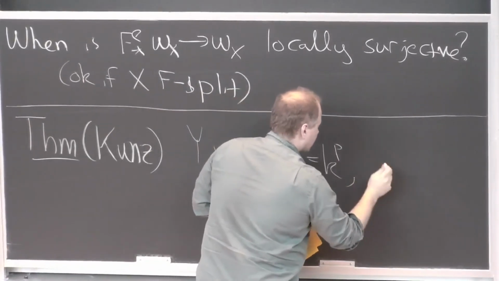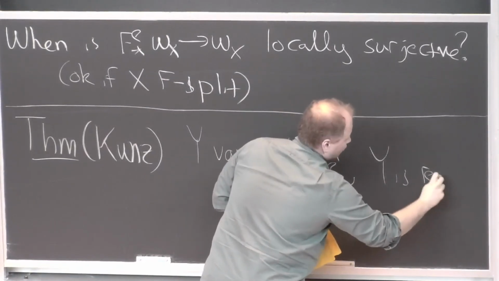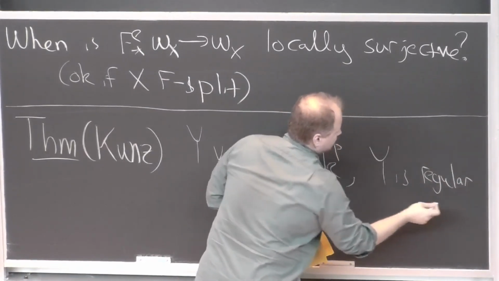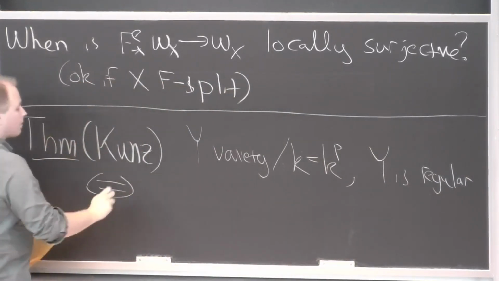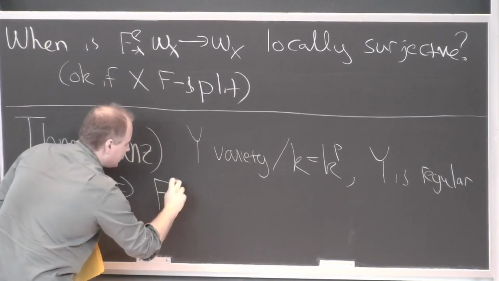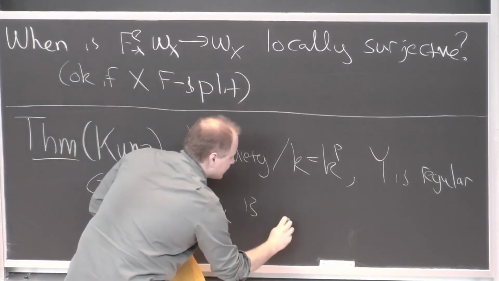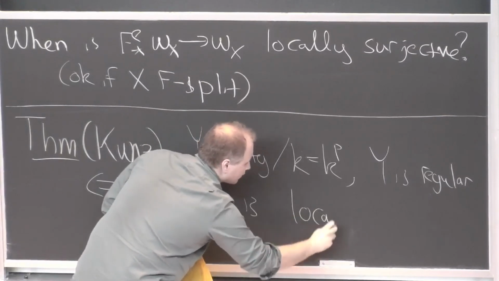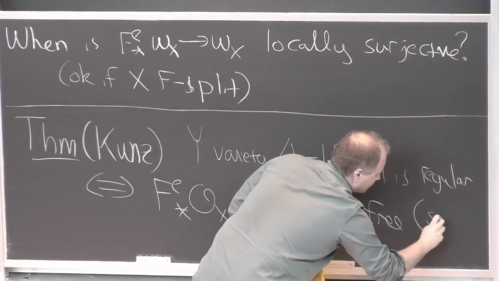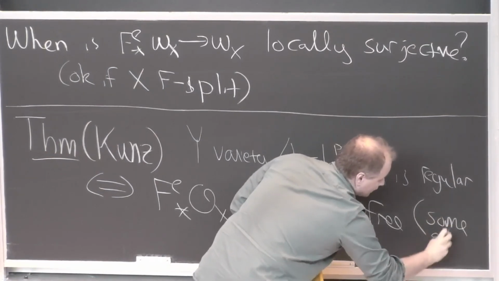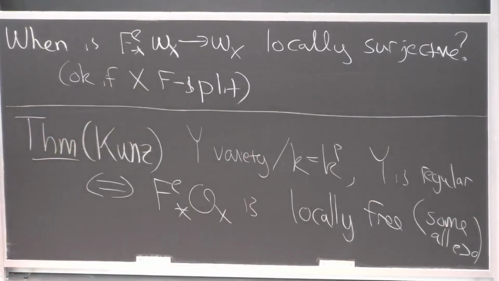Then Y is regular, or because I'm over a perfect field, smooth, if and only if F^e lower star O_X is locally free for some or all e.